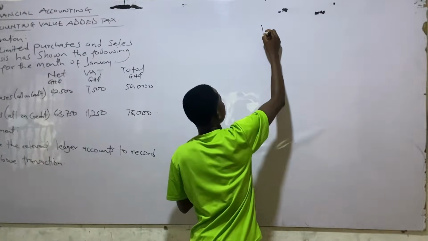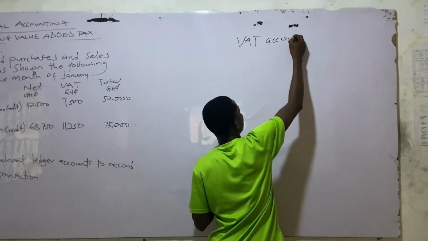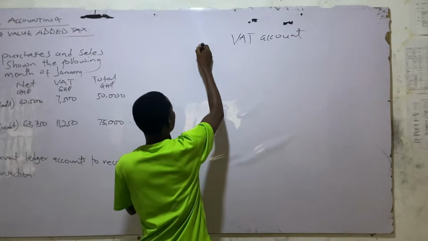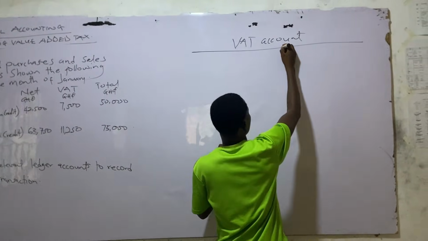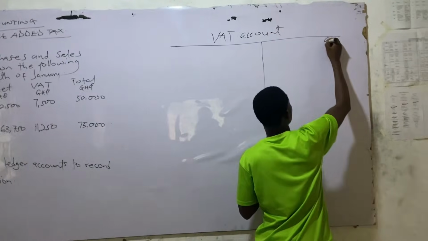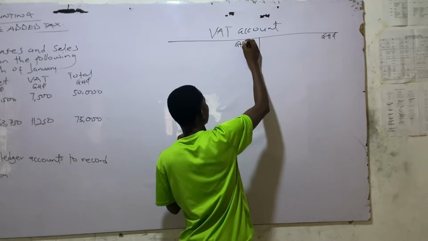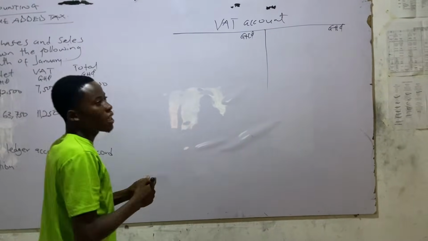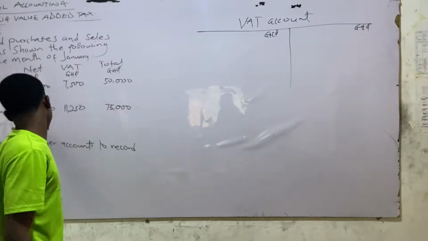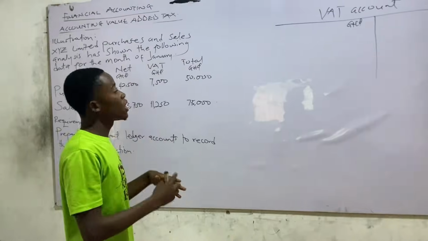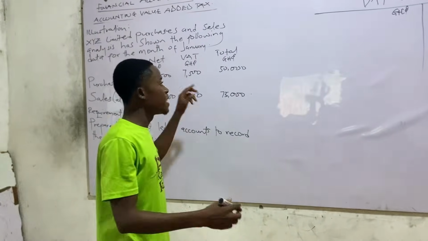Now we have our VAT account. So in our VAT account, we are supposed to enter the information from here. So in our purchases account, we have 7,500 in the creditors account.